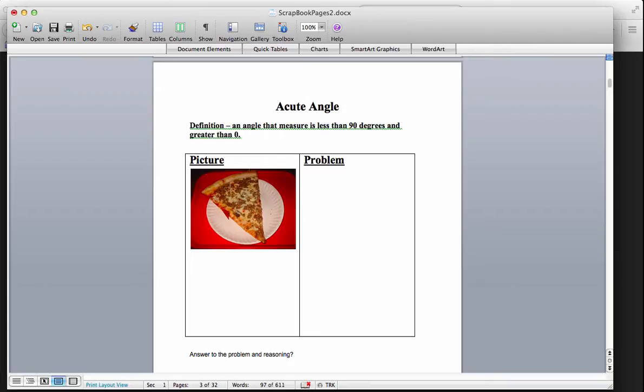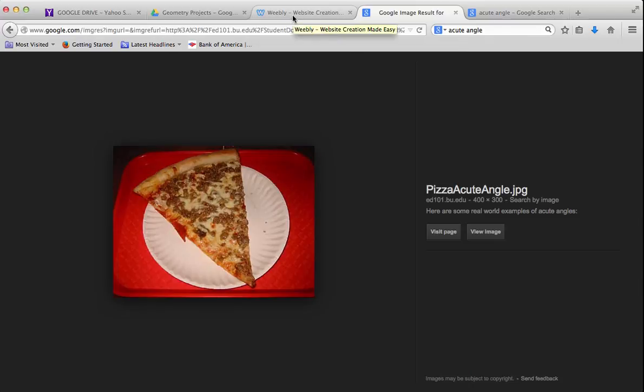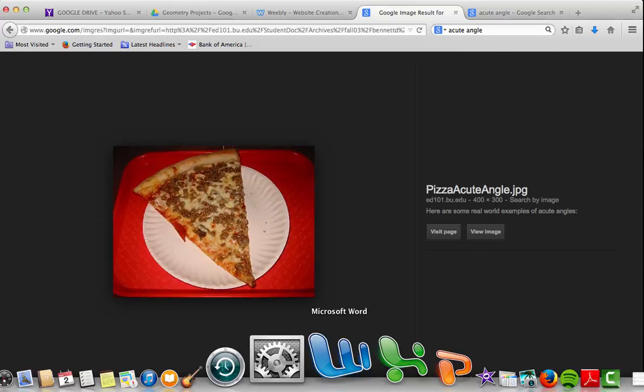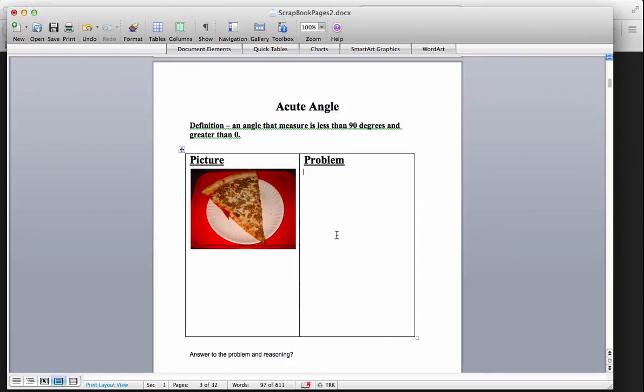Alright, so now you want to make a problem up. Your whole life you've been told to answer all these problems in math. Now it's your turn to make one up. It can have anything to do with your given word. So let's just make up a problem real quick.